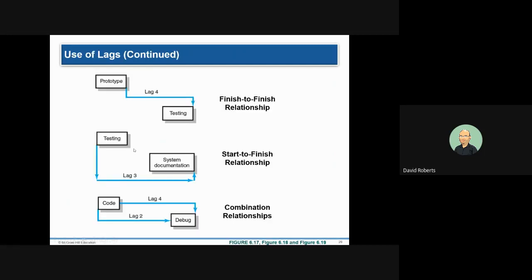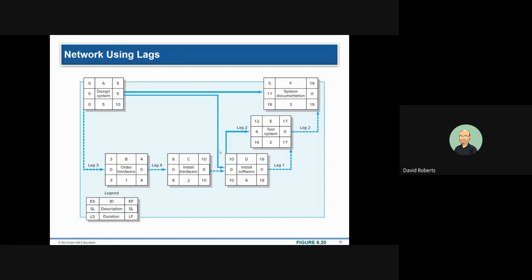And then you can do the testing. You can do it again, the finish to finish, which is very rare. Start to finish, even more rare. Combinations. Again, these are just identifications of different lags, different possibilities. But these three occur less than like 1% of the time in total.